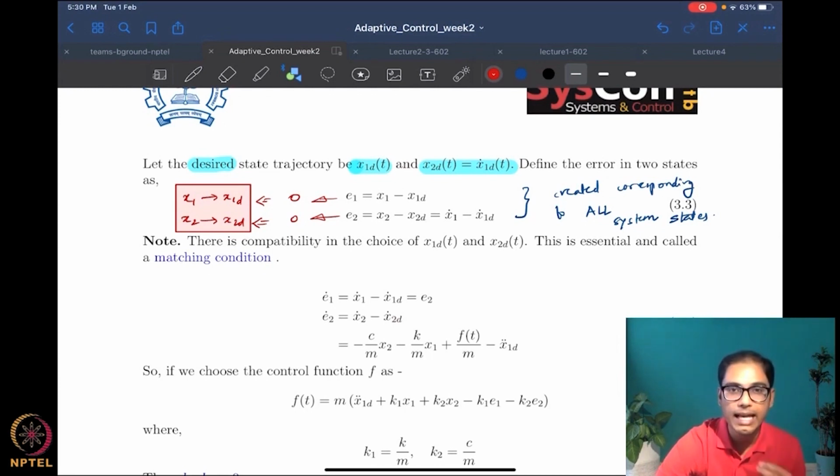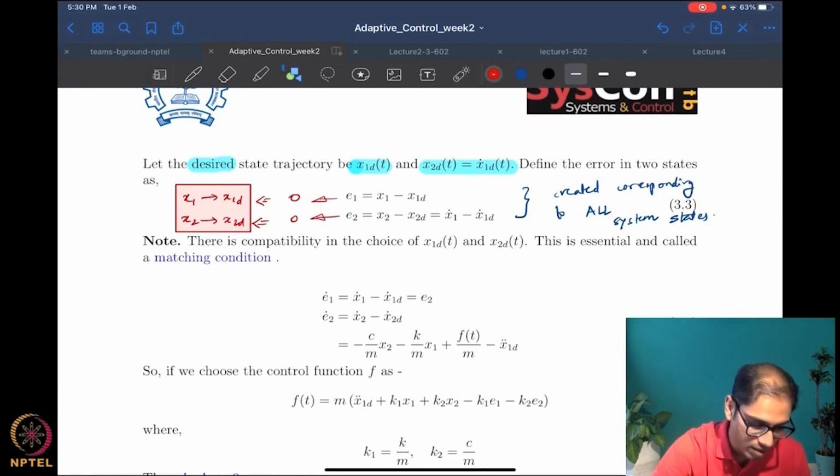We always create error variables, or variables which we want to go to 0. Instead of looking at the original x1 x2 variables, we look at x1 minus x1 desired and x2 minus x2 desired as my new system variables.